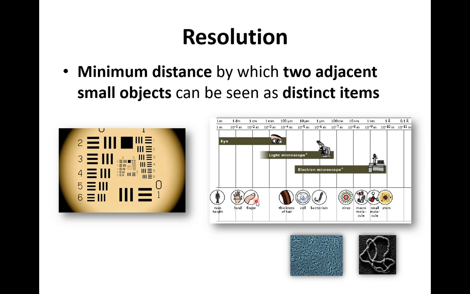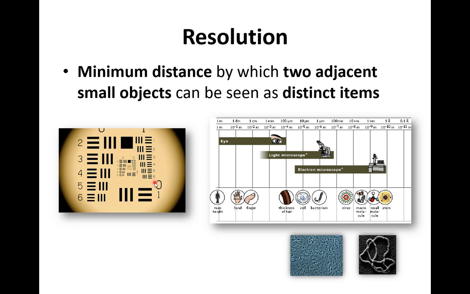Resolution is defined as the minimum distance by which two small objects near each other, adjacent to each other, can be seen as distinct. If you look here on the left side, that's an example that can apply to defining the resolution of your eyes. For example, if you look at sample 3 here, obviously you can see these two lines, or these other two lines, fairly well separated. Then the smaller you go, you start getting a bit of a hard time.